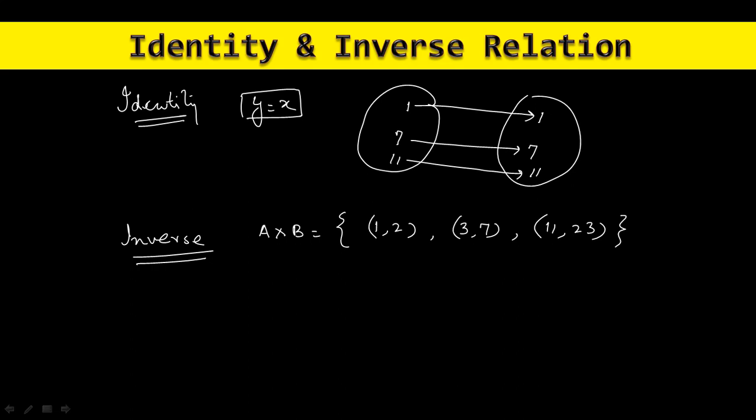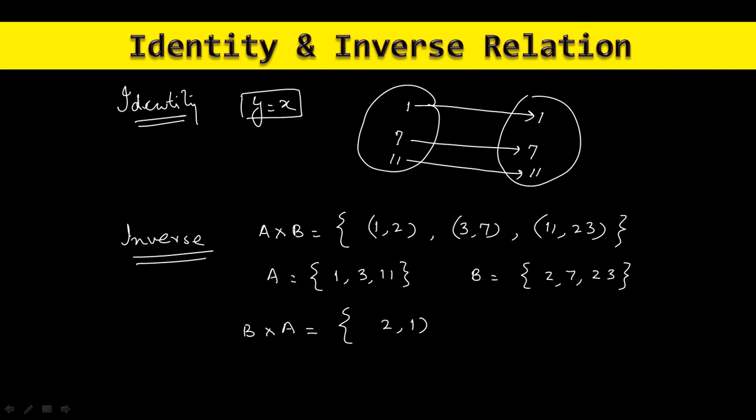Now, in this case, A is equal to 1, 3 and 11. What about B? Set B is 2, 7 and 23. Now, what about B cross A? If I have to write B cross A, then I have to write 2, 1, then 7, 3 and then 23 and 11.